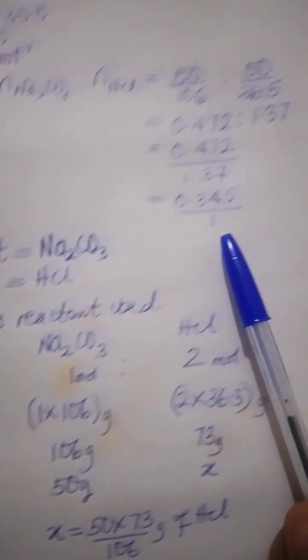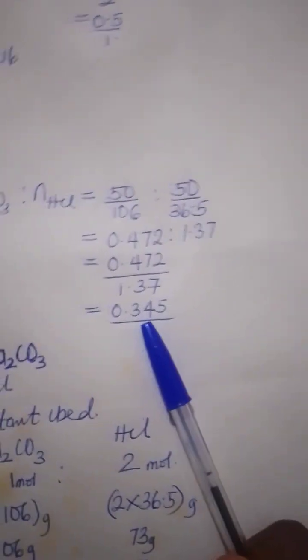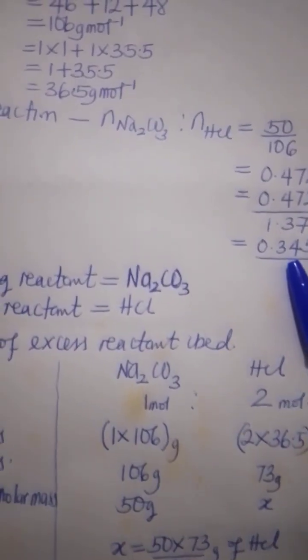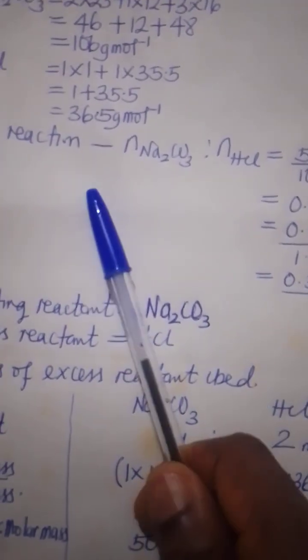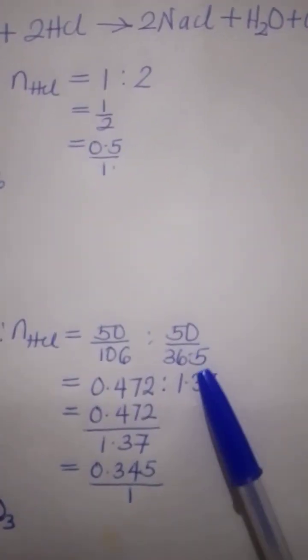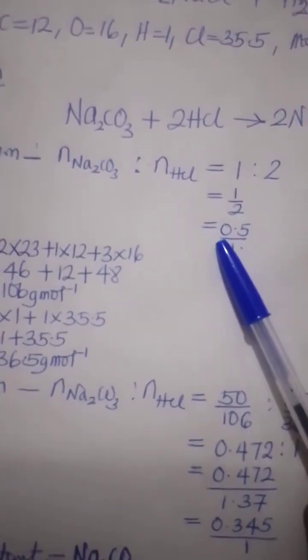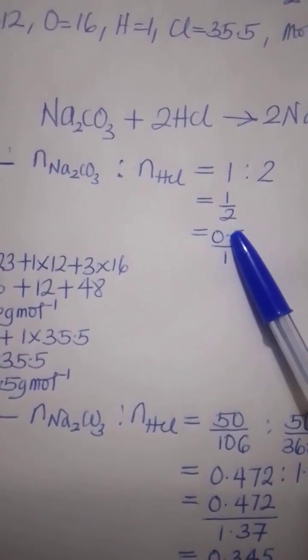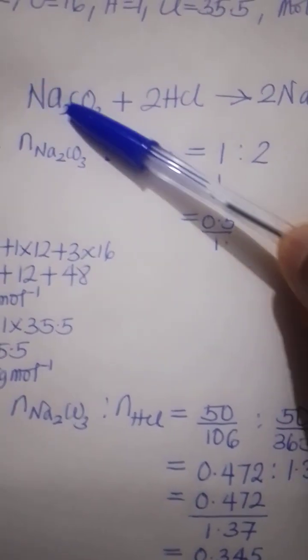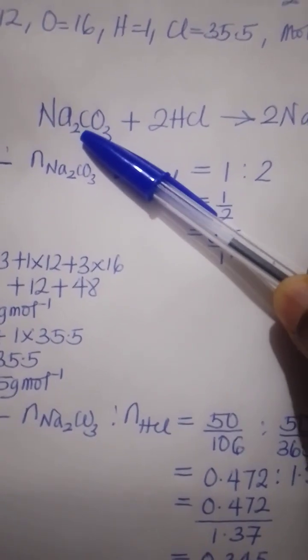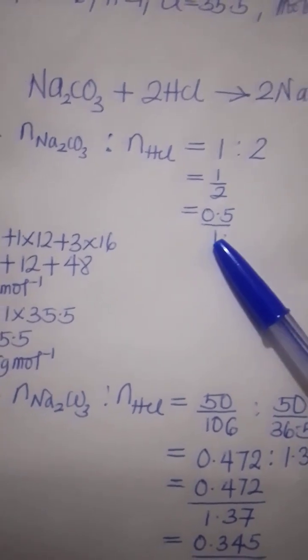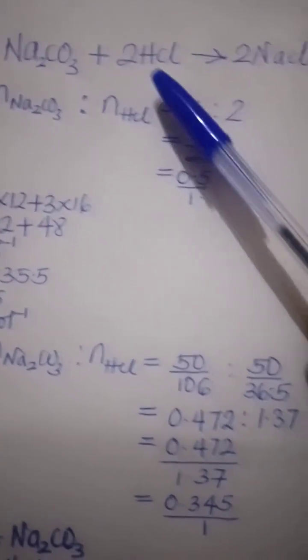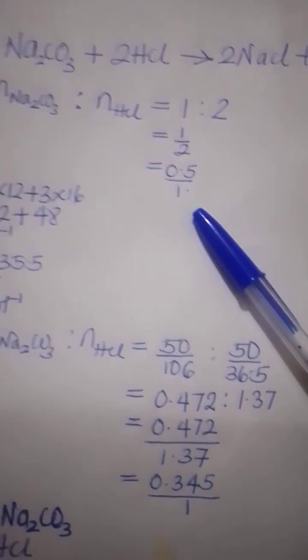So if you compare our result, that is the result for the reaction, with the result from the equation, the equation is saying that 0.5 mole is needed for Na2CO3 and 1 is needed for HCl by the time you finish resolving.